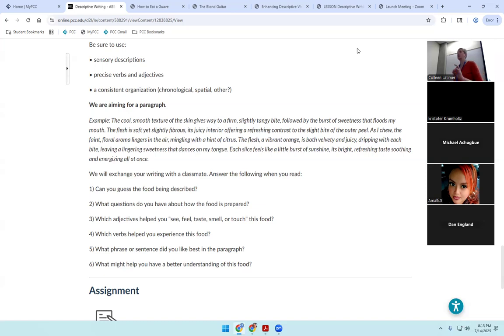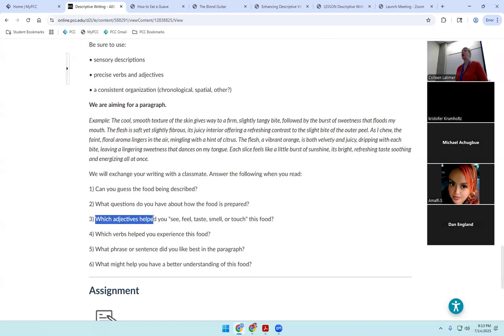If you would please take turns reading your little paragraph and then think about these questions. Can you describe the food? Can you guess what food's being described? What questions do you have for the writer about how the food was prepared?